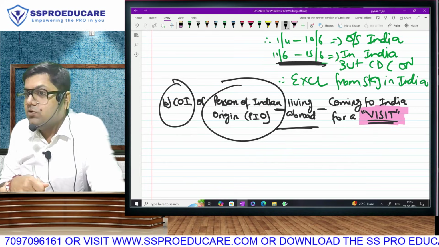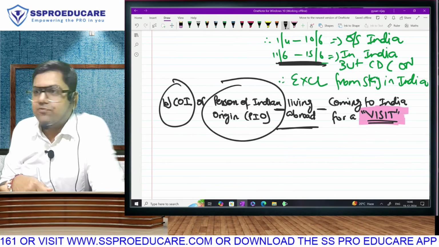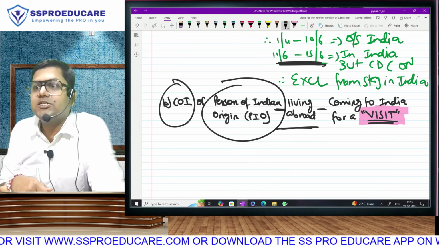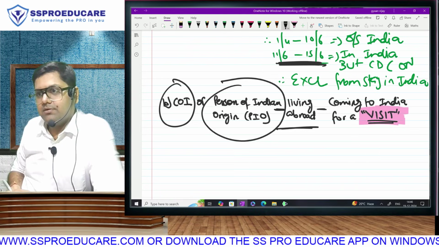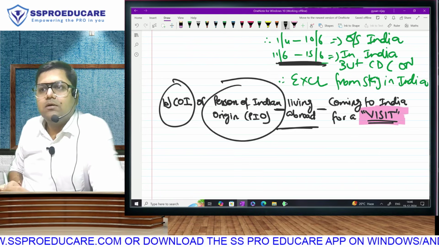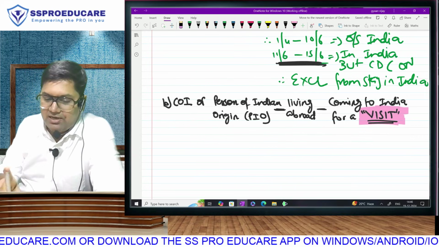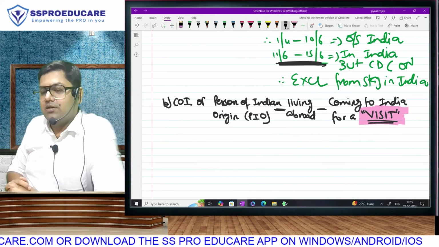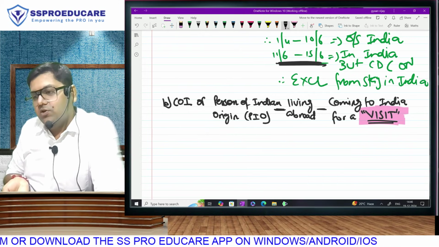If they come only for visit, not for settlement, they come here for a few days and go back, then 6365 is not applicable. If by chance they come back to settle permanently, then 6365 will be applicable. If you are coming for settlement, 6365 is applicable. But if you are coming for visit, 6365 is not applicable.